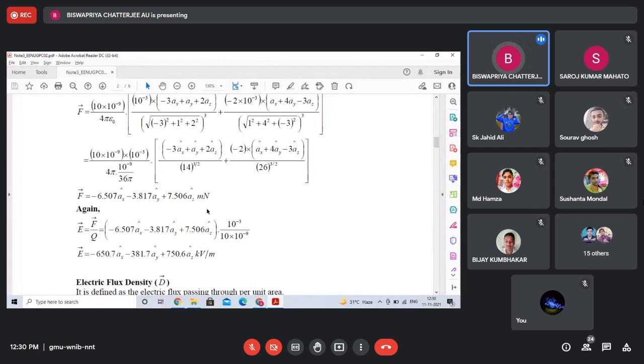Just this expression, it's divided by 10 nanocoulomb charge. This is millinewton, that is why 10 to the power minus 3 has been multiplied with this, divided by 10 nanocoulomb. And the resulting answer will be this.